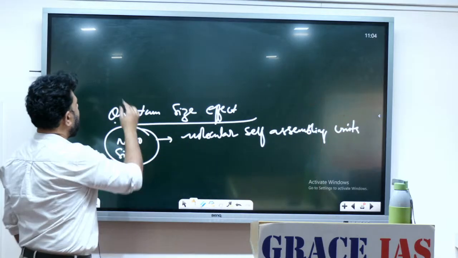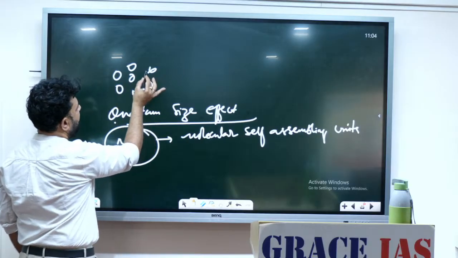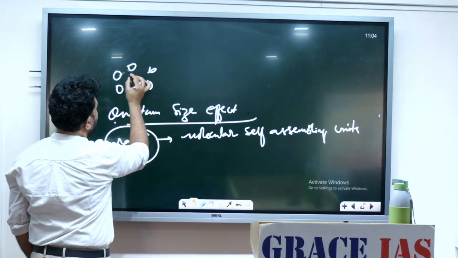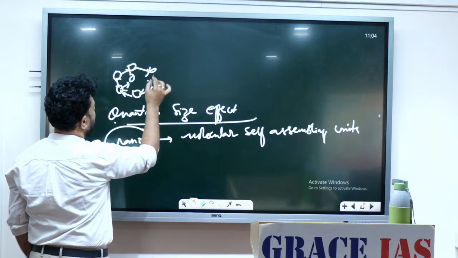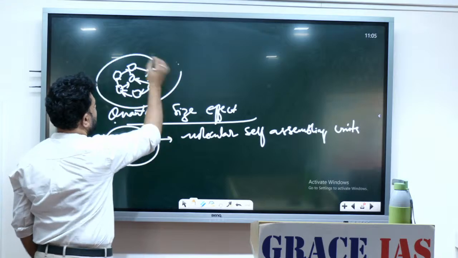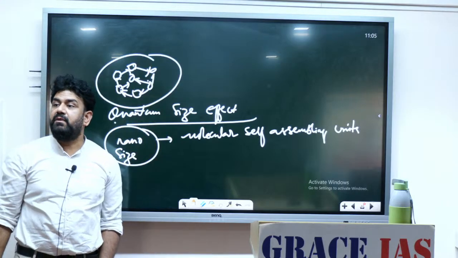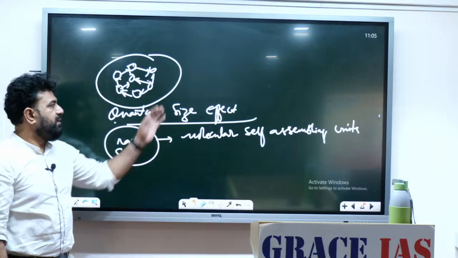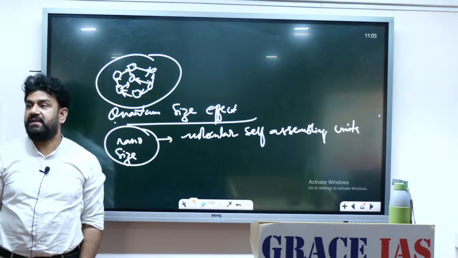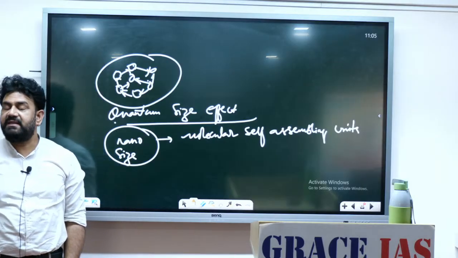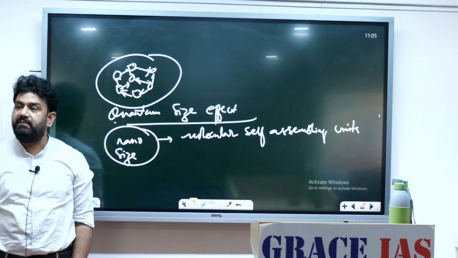That means nano-sized particles, if you arrange them, they will assemble, they will arrange themselves in such a way that they become attached to each other by themselves. Molecular self-assembling units is one unique property observed under quantum size effect. Nano-sized materials have the capability to self-assemble.